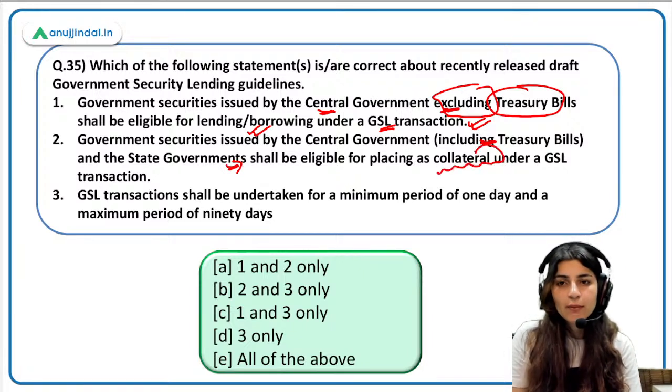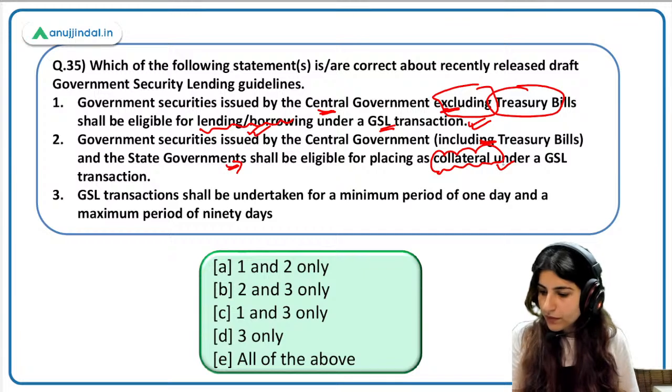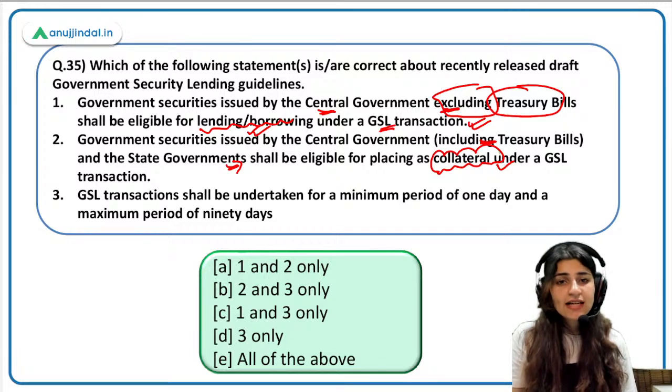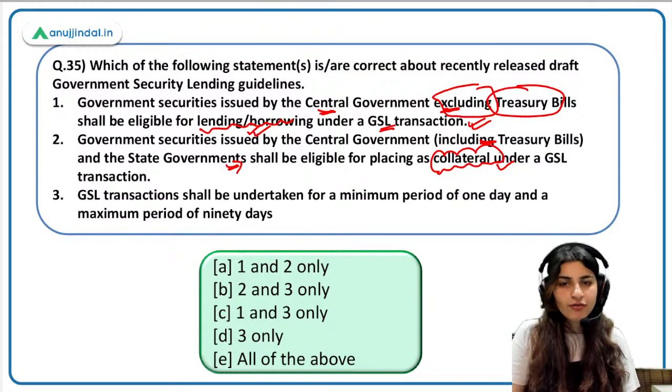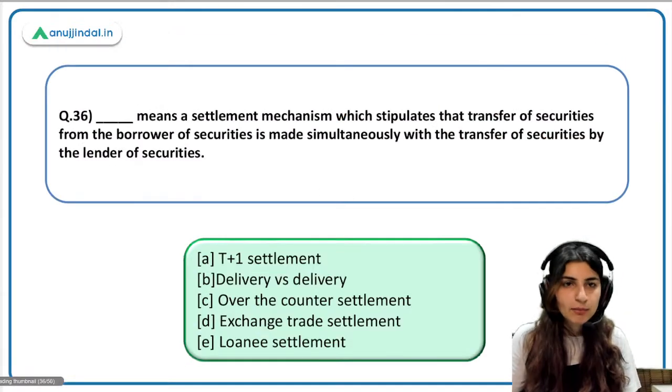Here we are talking about collateral, earlier we were talking about lending and borrowing. Both the statements are correct. GSL transactions shall be undertaken for a minimum period of 1 day and maximum period of 90 days. Correct statement. So all the statements here are correct. Our answer is all of the above. We had to find out the correct statement.